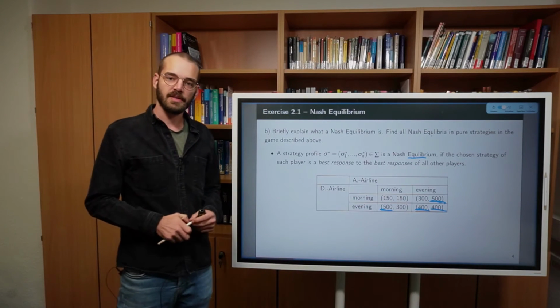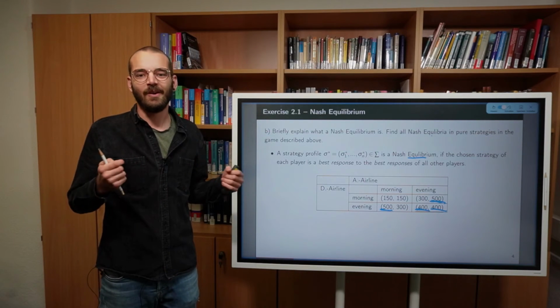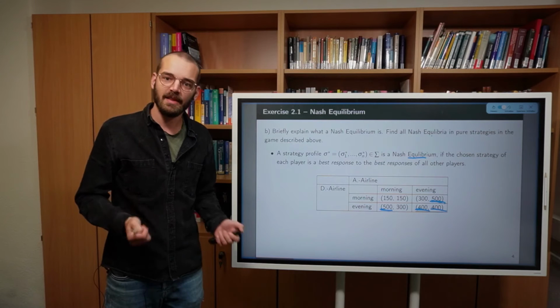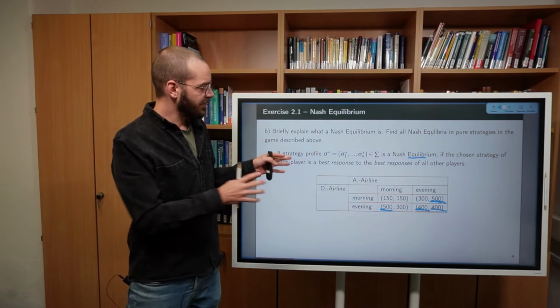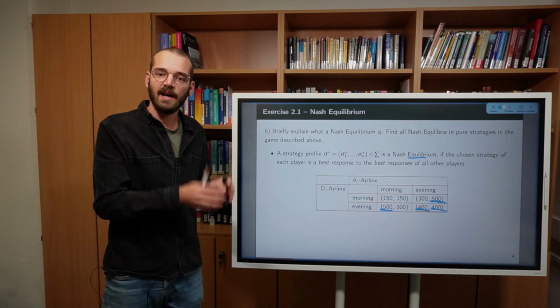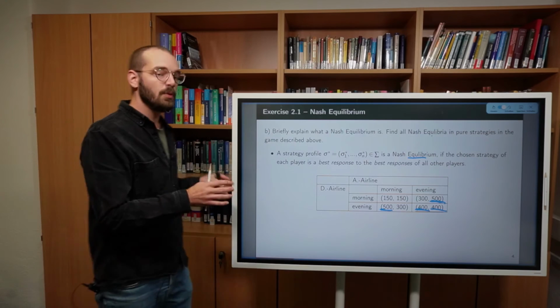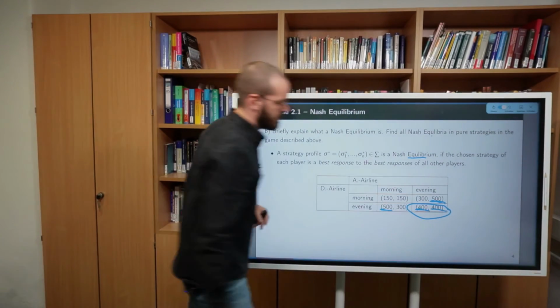We have now found out all the best answers of all players towards all possible strategies of the other player. Now, which of these cells contains the best answer to the best answer? There is only one single cell in which we have underlined both values, right?